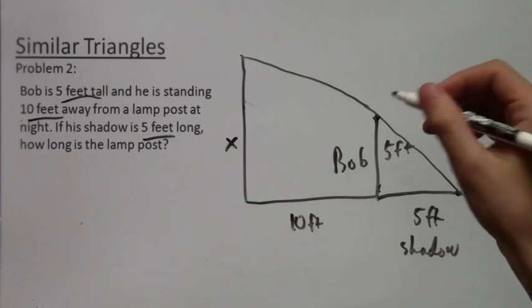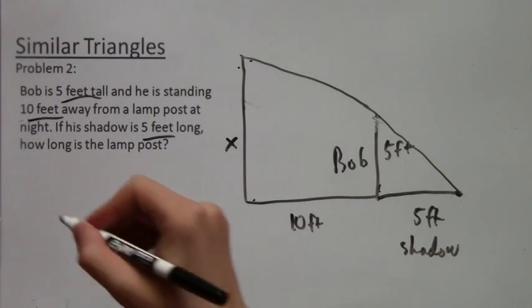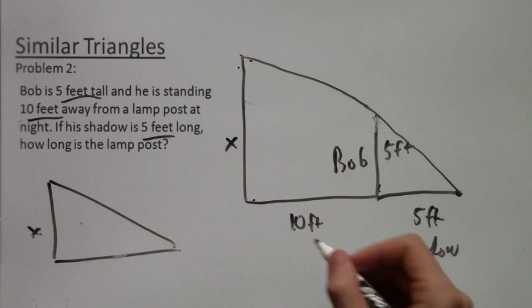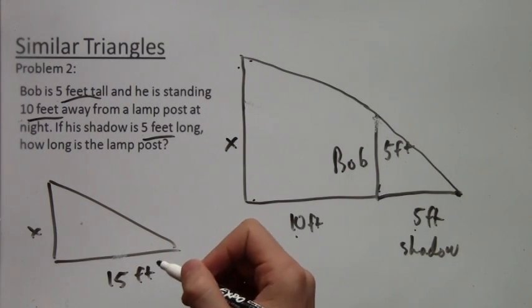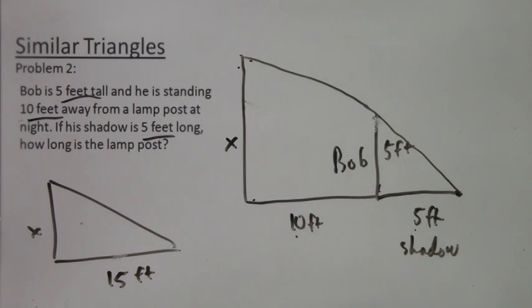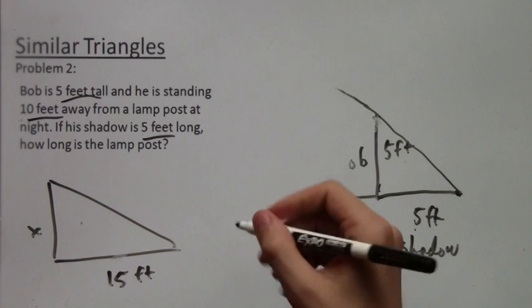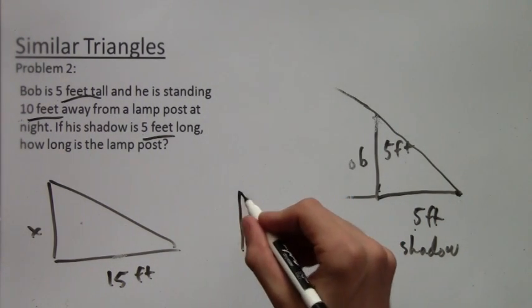The reason that there are two triangles here is that we're looking at a small triangle with Bob as the vertical, and a bigger triangle with the lamppost of length x as the vertical. These two triangles are similar because of angle, angle, angle, because they have 3 equal angles.